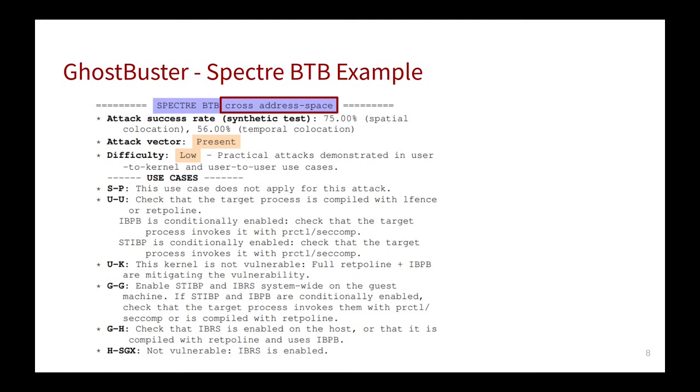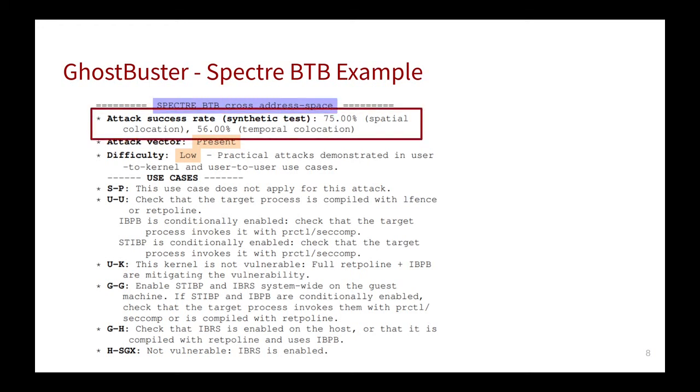For instance, here it is a cross address space. The attack could also be run in the same address space, and so on. We provide information about the success rate of the synthetic test, and we also provide the isolated success rate, for instance, of some of the requirements like the spatial collocation and temporal collocation.